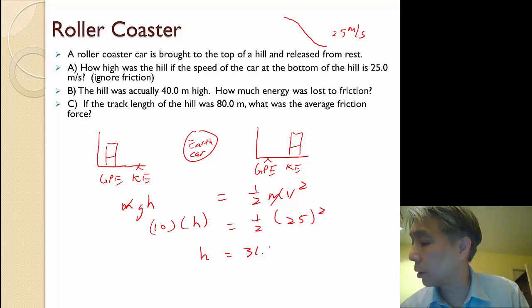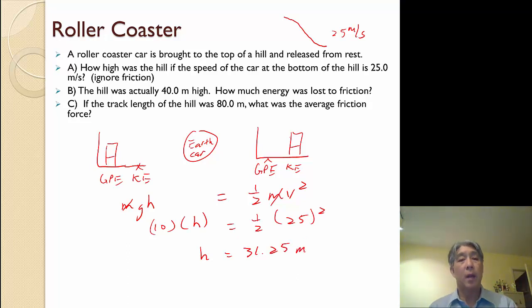31.25 meters. Part B says the hill was actually 40 meters high. So where did the energy go? The rest of it is how much energy was lost to friction. It turns out that to calculate, I haven't actually calculated any energies.